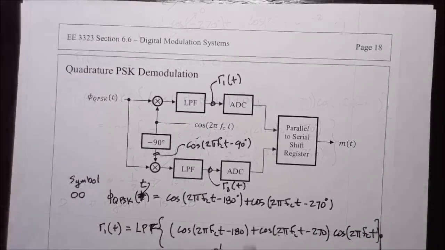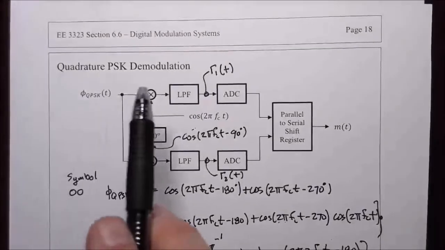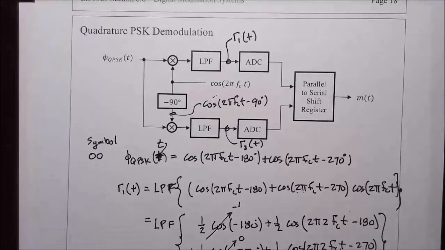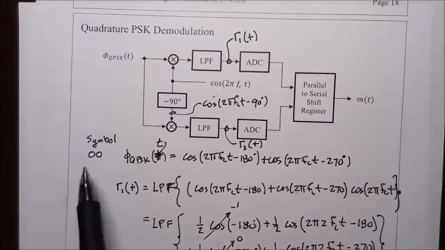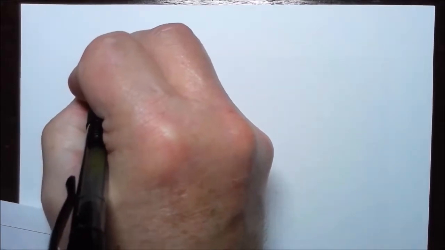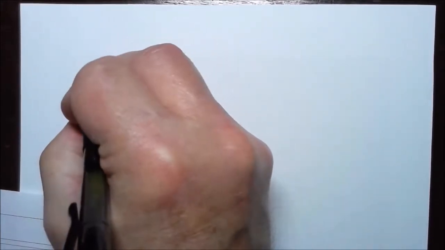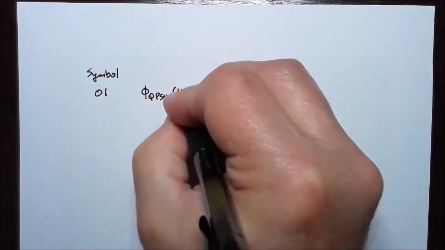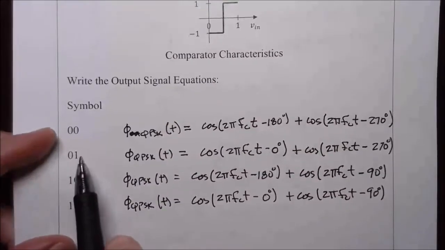Okay, if we were to continue investigating this demodulation system, now we have to go to the other symbols. This was just for 0, 0. So the next symbol is 0, 1, and the quadrature phase shift keyed signal is as we worked out before with the symbol 0, 1.